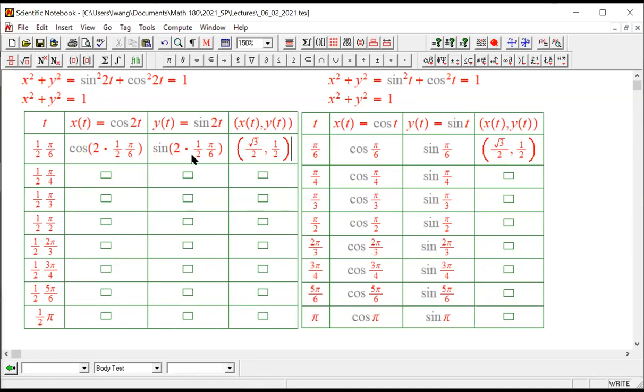But it reaches the same point with half the time. Do you guys see that? Because this takes pi over 6, say, seconds, and this takes half of pi over 6 seconds. Do you follow me? That's what I want to explain to you.